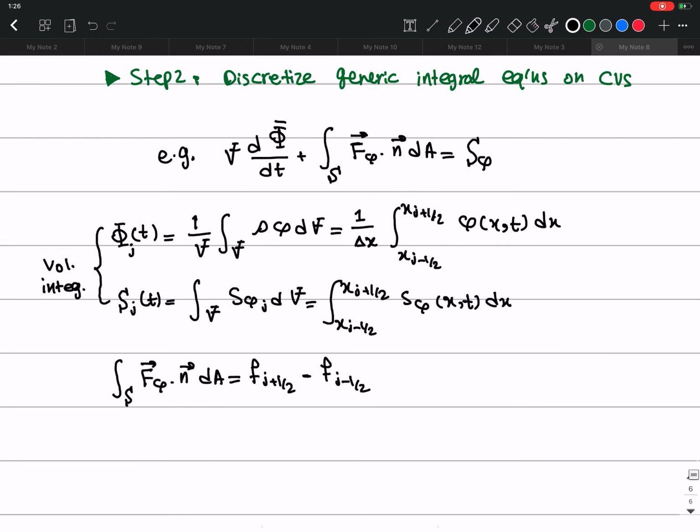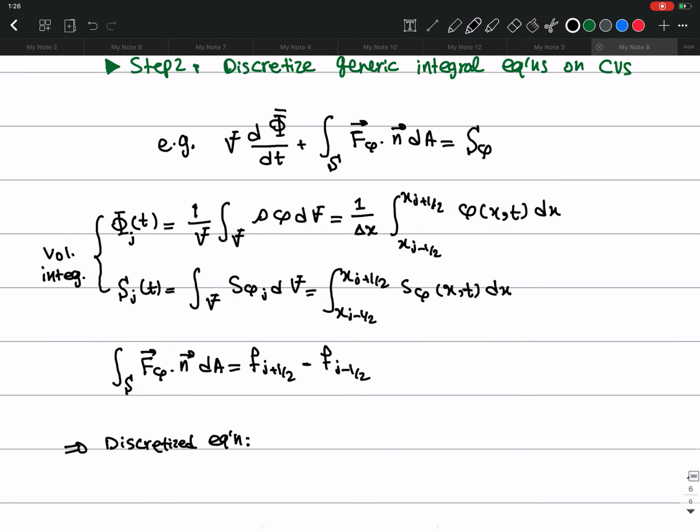So using this, the discretized equation becomes, I have this term here, I'm just going to substitute it here.